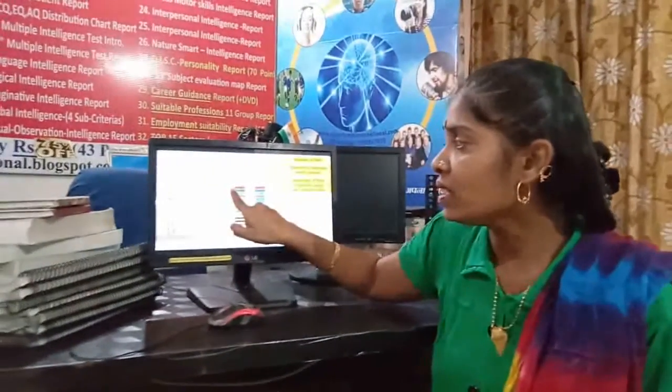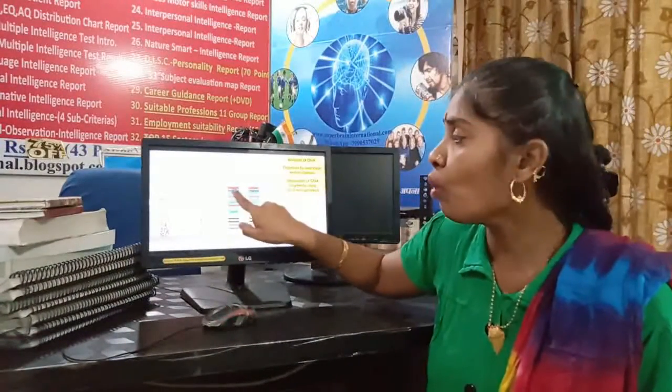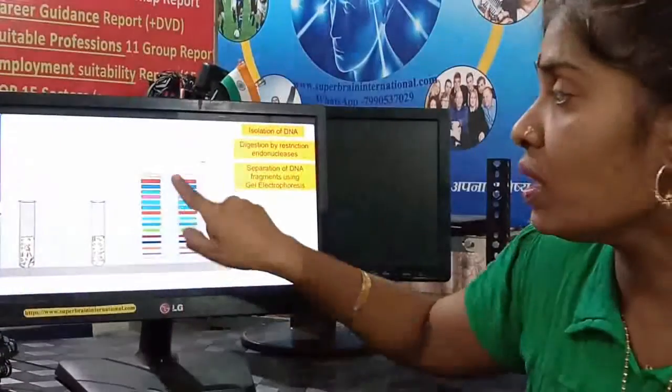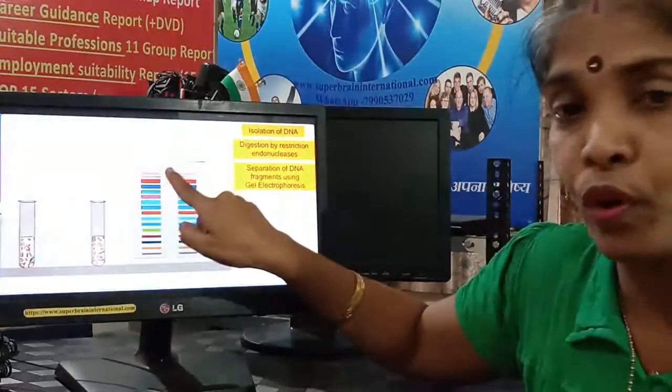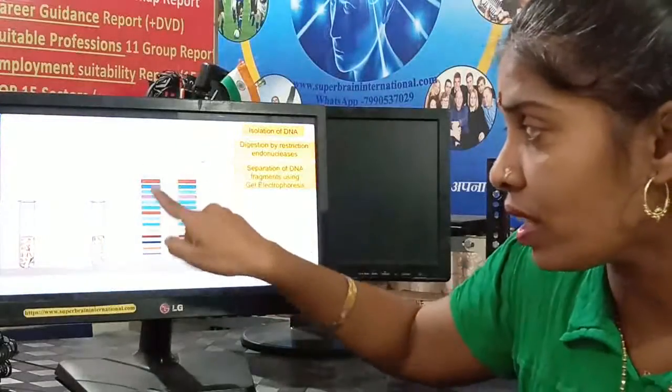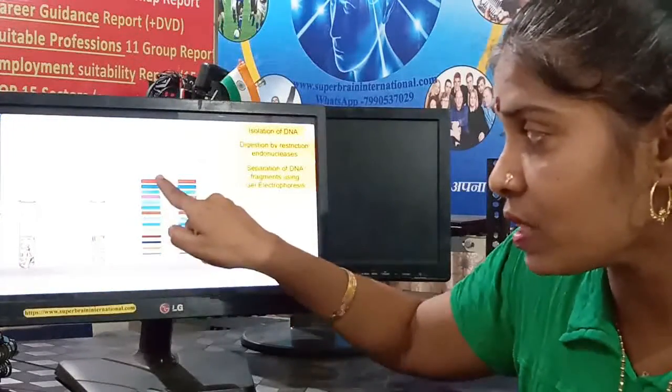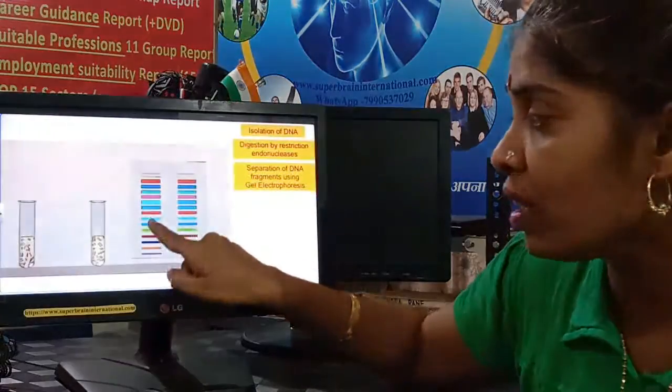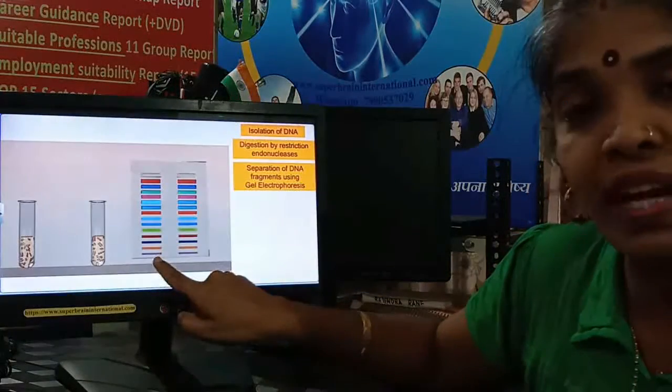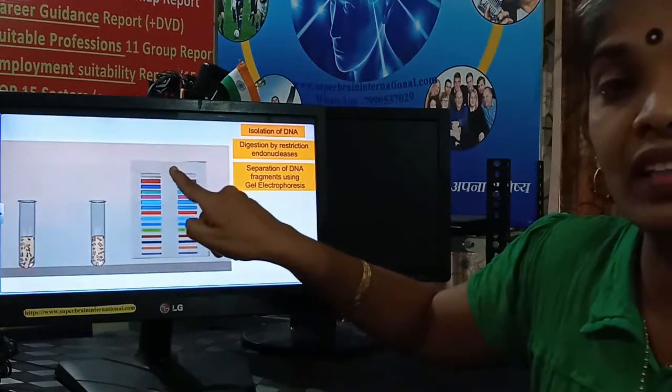Here the size of the pores will go on decreasing. Here it will be a big size pore, then smaller than this, then again smaller, then again smaller. So the smallest will be at the base, and the largest will be at the top.